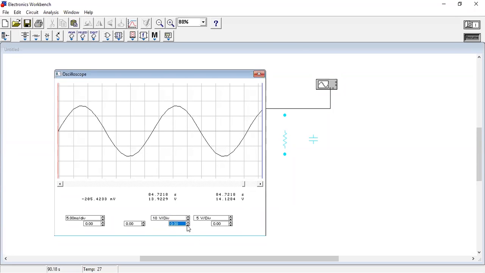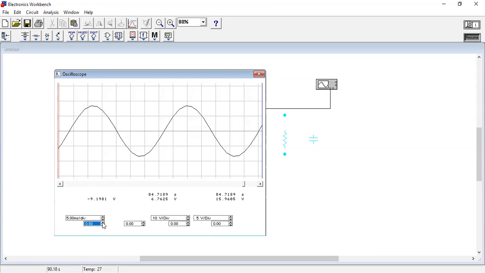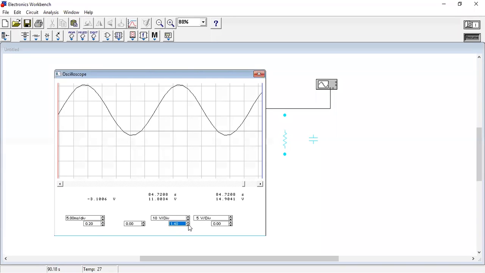So here I think there are three full boxes. One box belongs to 10 volts, so three boxes is 30 volts.